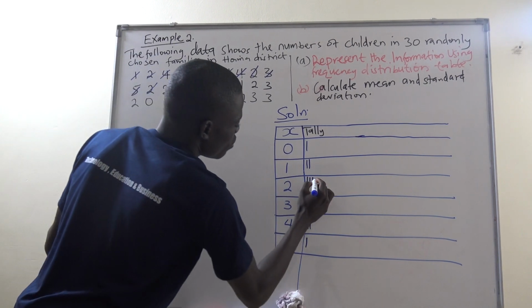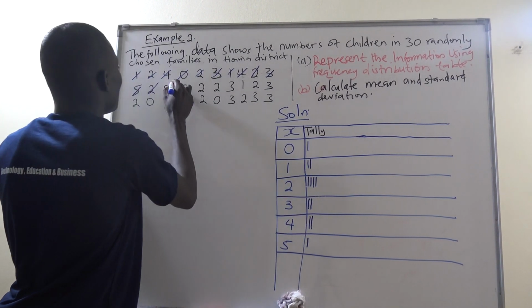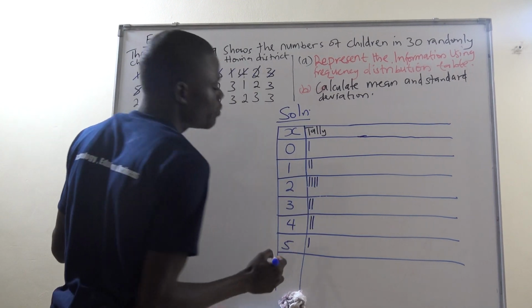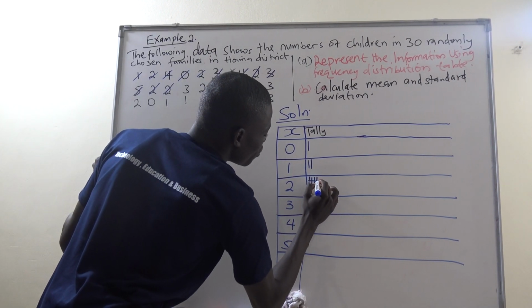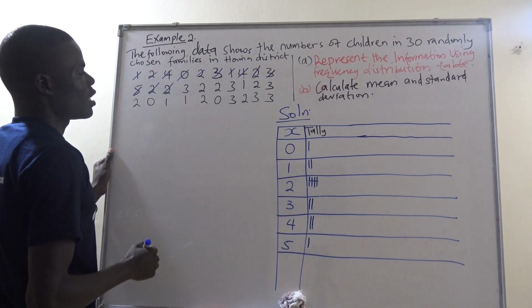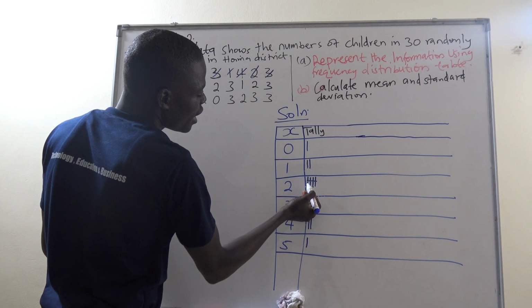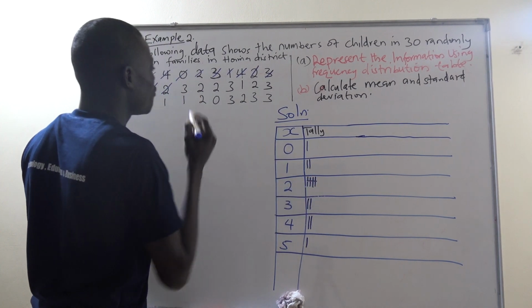So we have 2, another 2. So when they reach 2 and they make 5 times, we make sure you tie this bundle, and then we start another fresh. So this one is meaning that we applied 1, 2, 3, there 5.